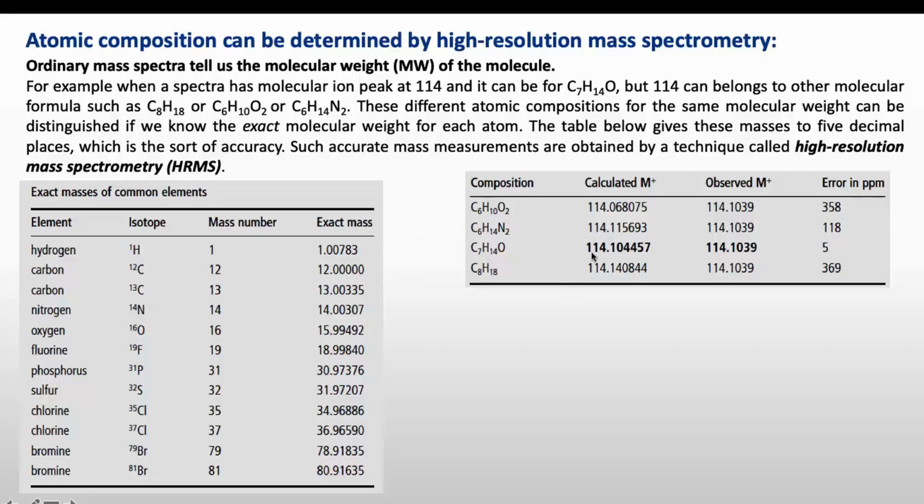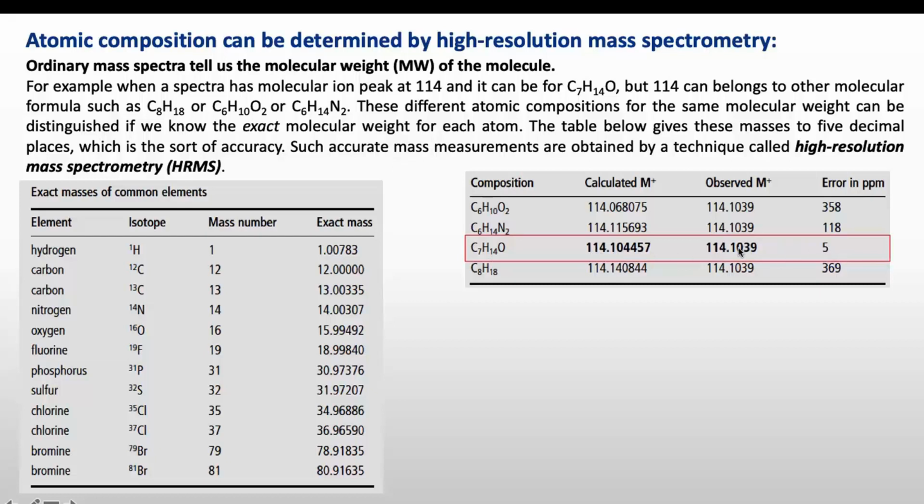This is a table which shows that 114 may belong to different chemical formulas, but if you take the mass up to 5 decimal places, you can see that this mass belongs exactly to this molecular formula, C7H14O, because that has the minimum error.